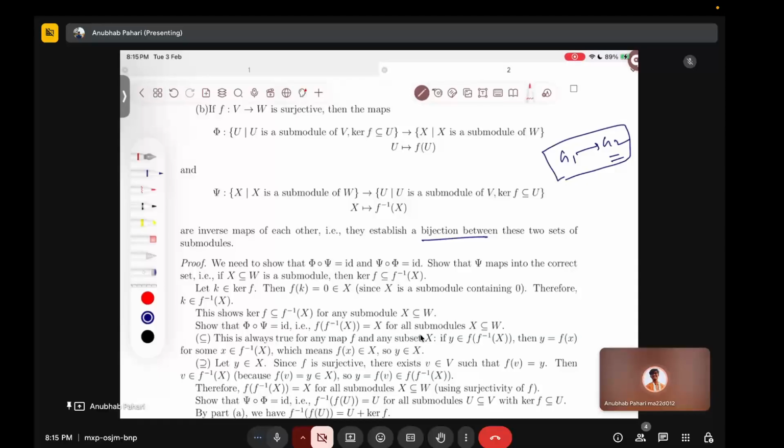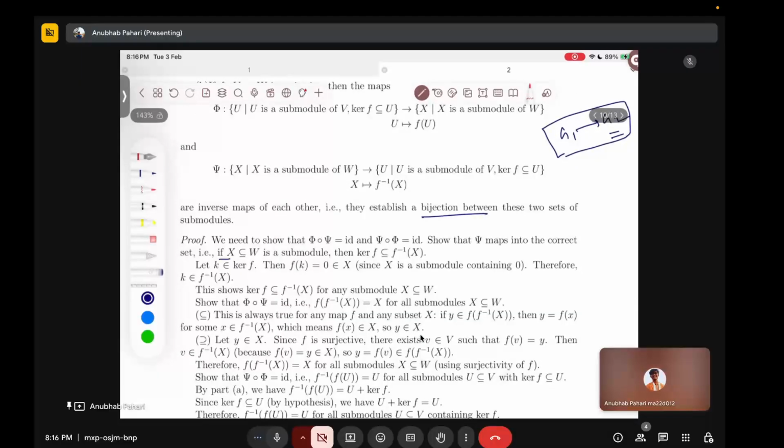One thing I have just told you: if X is a submodule of W, then the kernel of f belongs to f inverse of X. I mean, if you take k in the kernel of f, then f of k equals 0, therefore k belongs to f inverse of X, and the other side is again true, therefore they are equal.